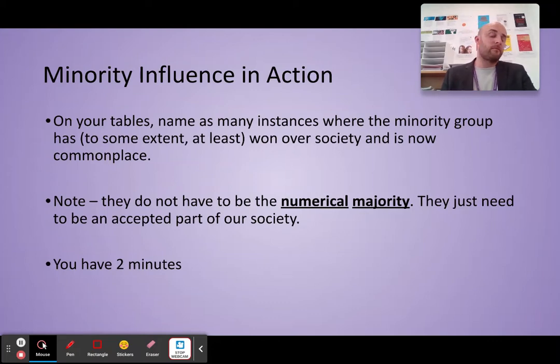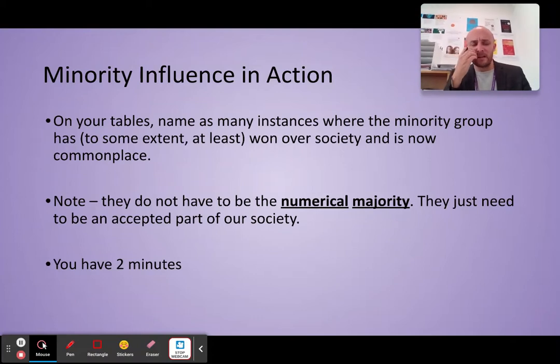Even though they were numerically not a minority, there was 50-50 men and women, they were considered a minority. The reason why I'm saying this, I don't want you to think of minority as how many people are in there. When we're talking about growing the minority, we're talking about growing the acceptance of the minority, not simply the amount of people that are in that group.